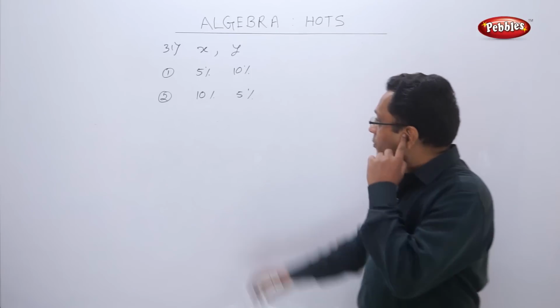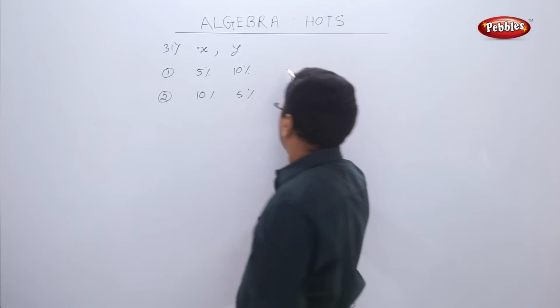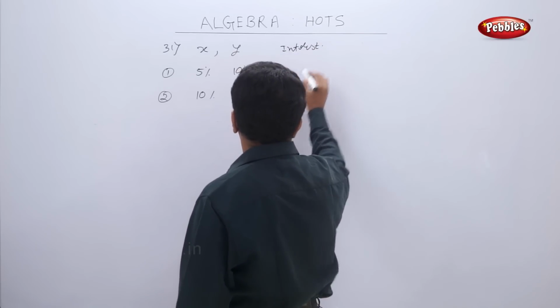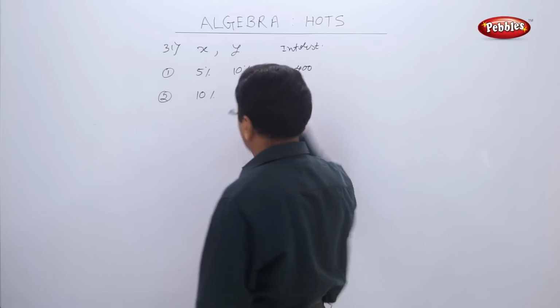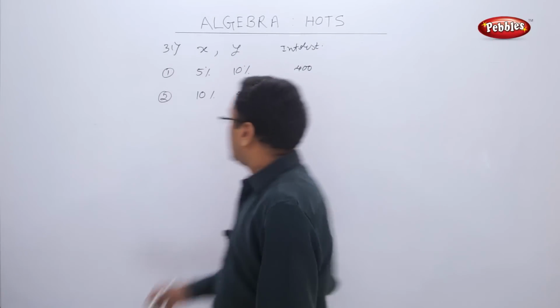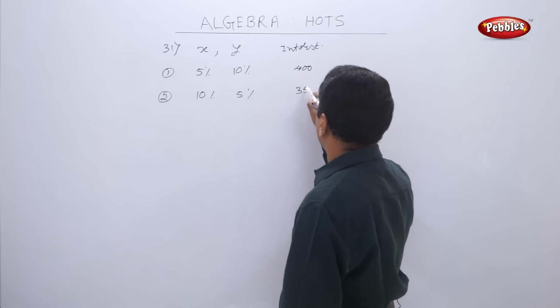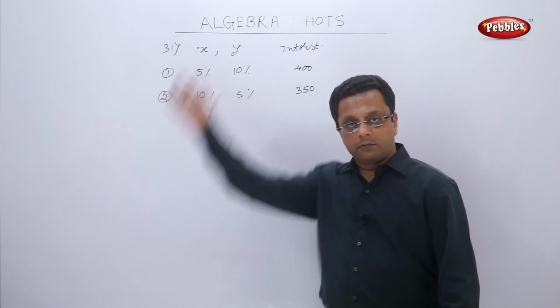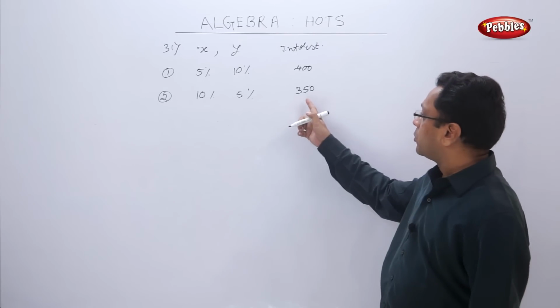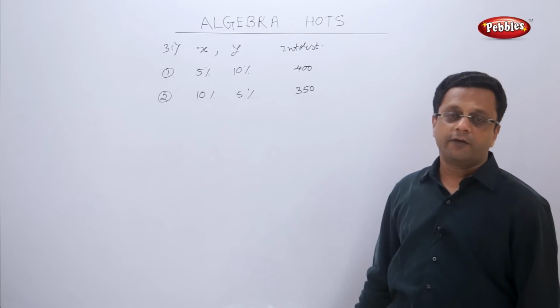Now by the first condition, he got total interest 400 rupees, and from the second condition, he got total interest 350 rupees.